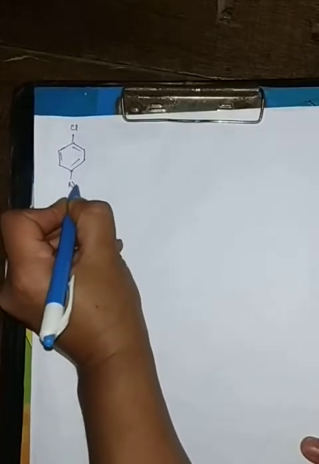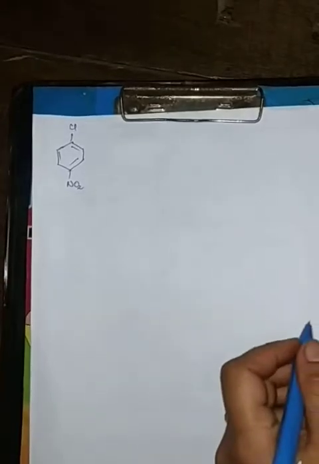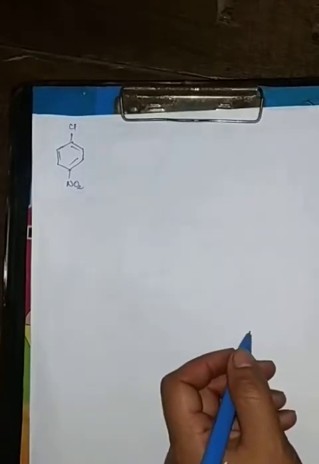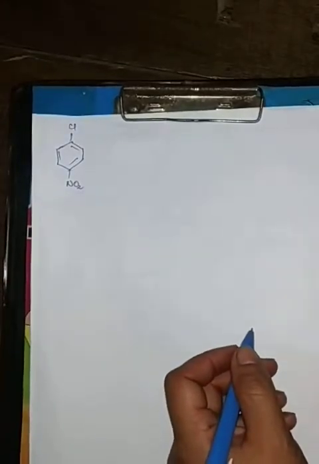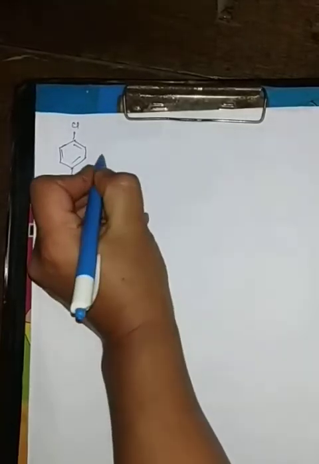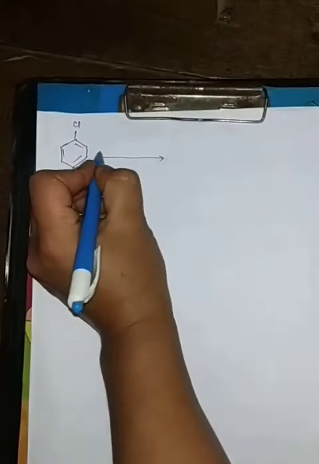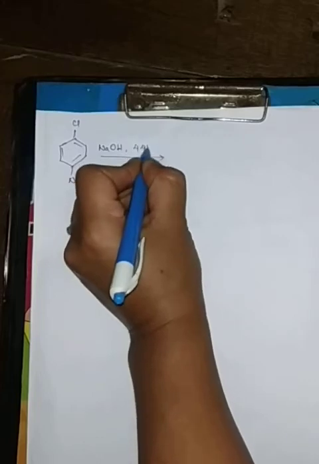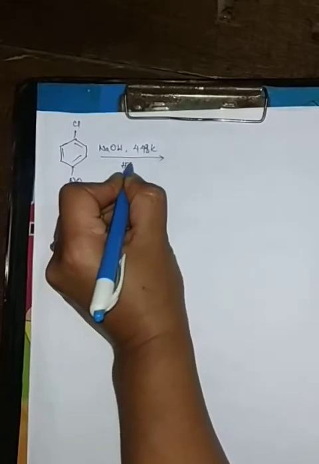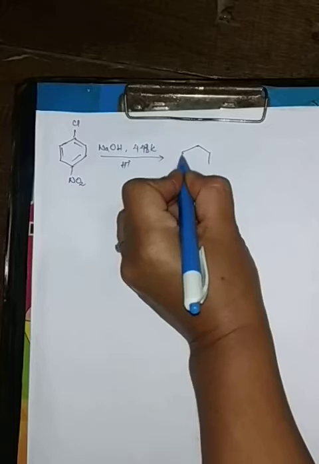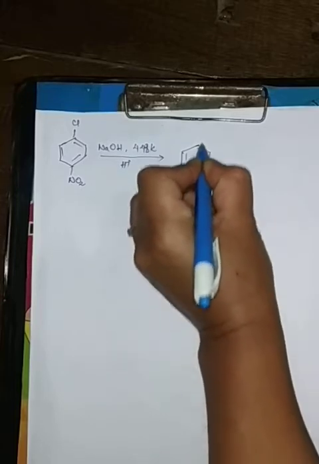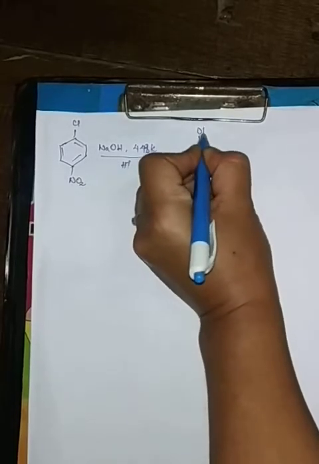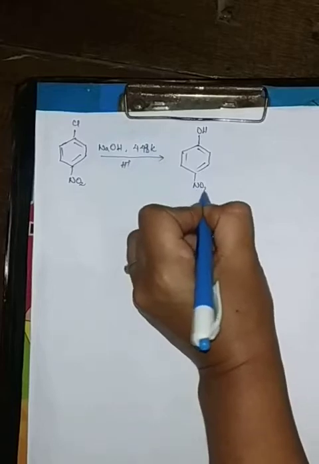The presence of these electron withdrawing groups at ortho and para positions increases the reactivity of haloarenes. Here, with aqueous sodium hydroxide, NaOH at 443 Kelvin, we will get phenol with NO2.